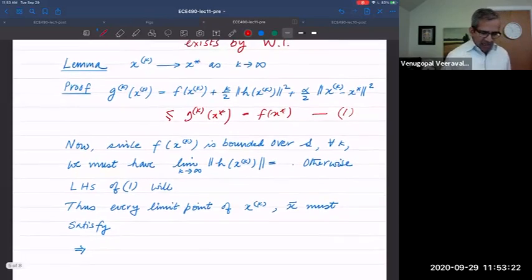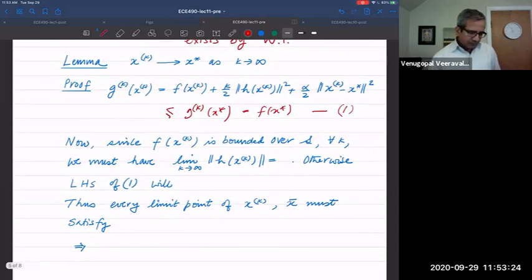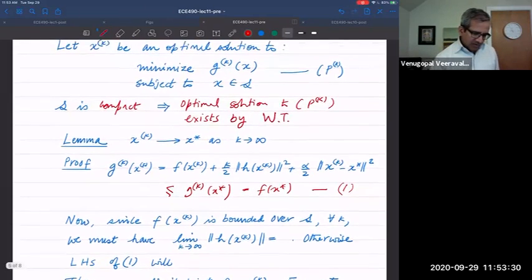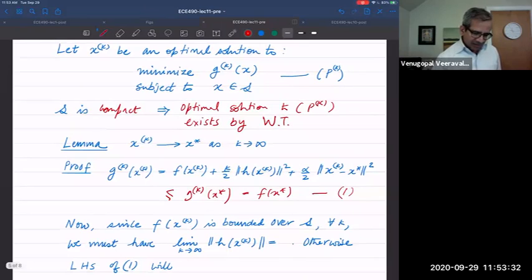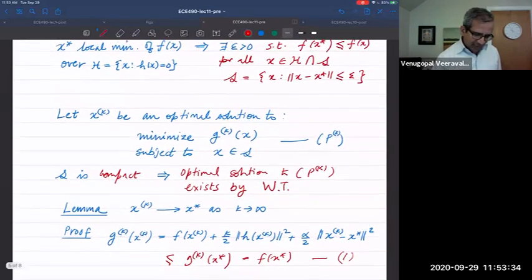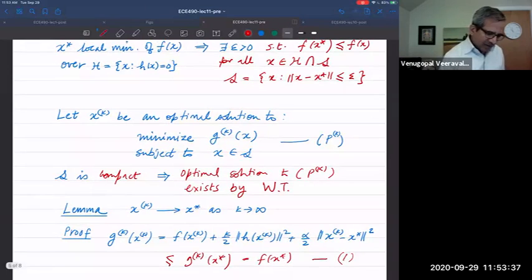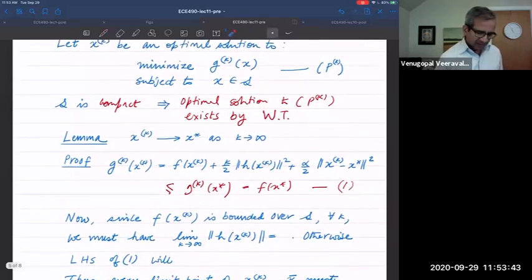Now, this is true on the set S, but x star is obviously an element of the set S, right? Because x star is inside this ball. That's why I can write this.